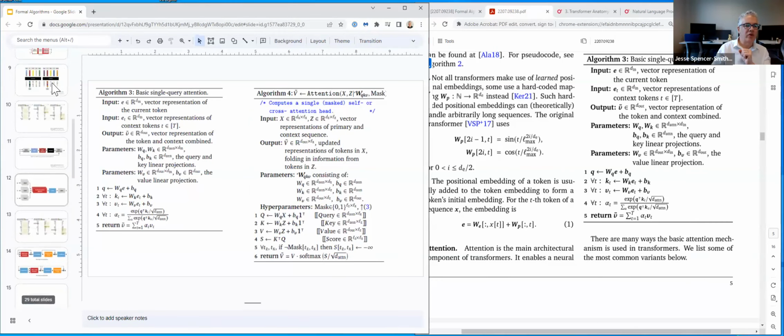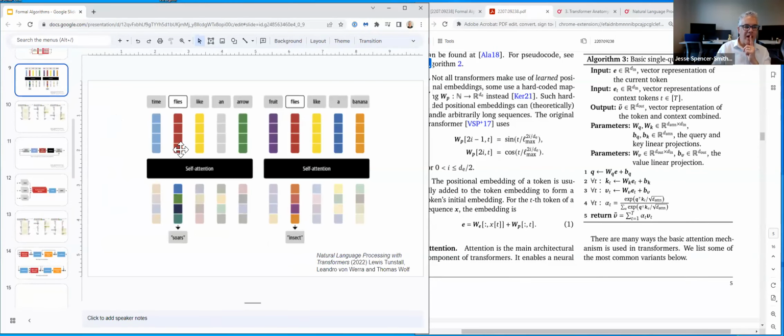So visually, this looks like flies at this point was closer to time and to arrow than to like and to and. Therefore, when I average these together, arrow and time are going to have a heavier weight in the weighted average than the other parts. So it's not a dumb average of, oh, everything gets averaged together. Instead, it's those vectors, those points, which happen to be closer earlier on.